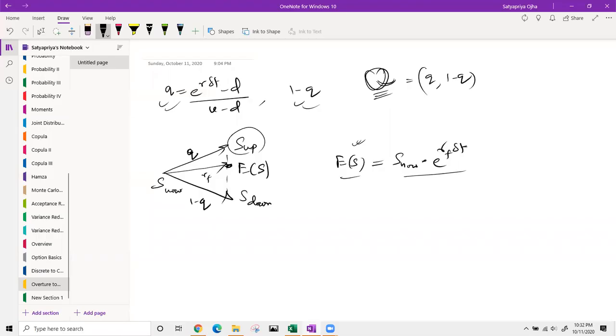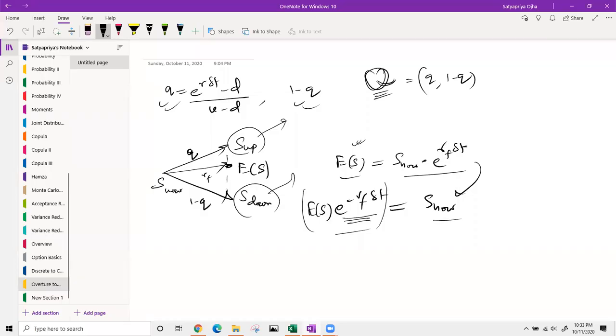If I discount these two guys by the factor e to the minus r_f delta t, then my expectation of the discounted stock price will become S now.